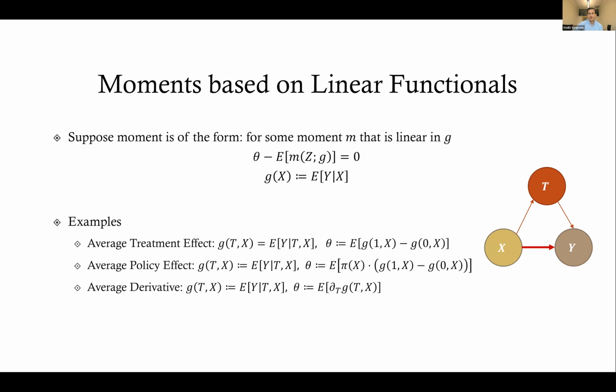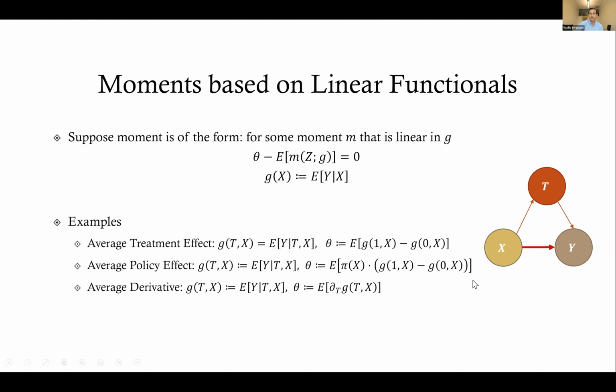Classical examples of this setup include the average treatment effect, where under conditional unconfoundedness, if you assume that conditional on x, the potential outcomes of y are independent of the treatment, then the average treatment effect can be written as the average of this regression function that regresses y on t and x, evaluated at t equals 1 and at t equals 0.